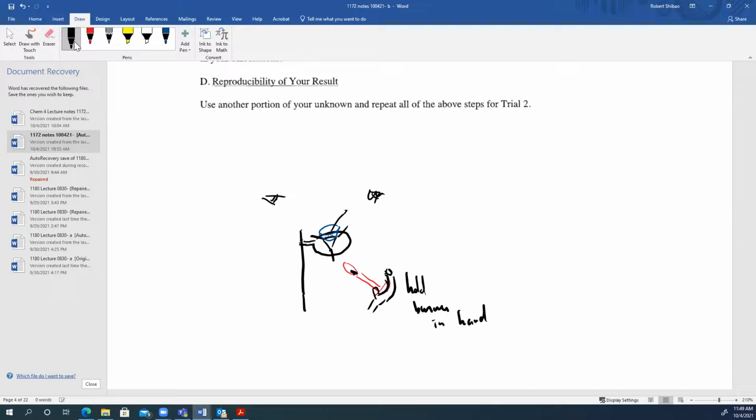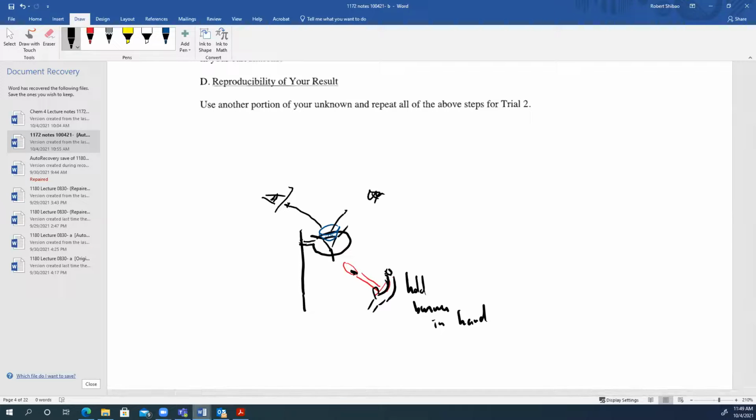So be careful, if something were to splatter out and hit you in the eye, that wouldn't be very good. So make sure you have your goggles. But then again, you don't want anything to splatter out because that's going to ruin the experiment. So just be careful when you heat this up. Okay.